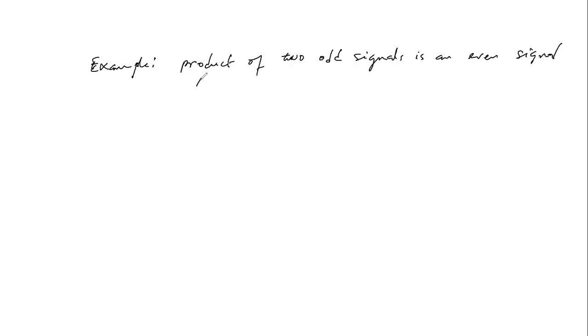Now, let us justify the claim that the product of two odd signals is an even signal. Just like in the previous case, let S of t be the product of S1 of t and S2 of t.